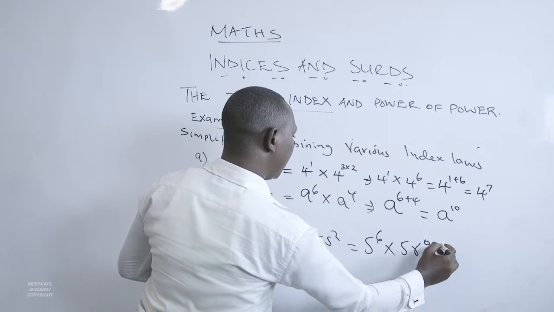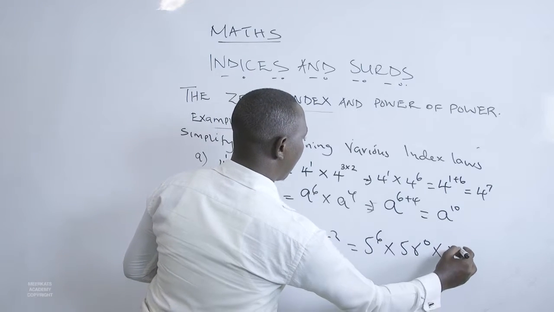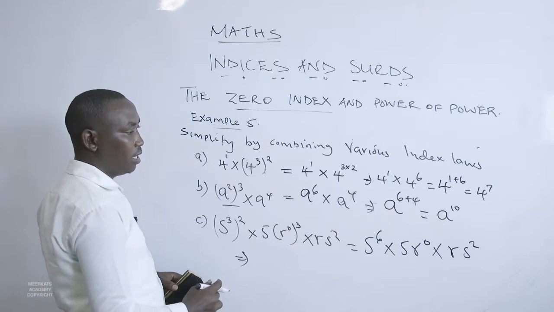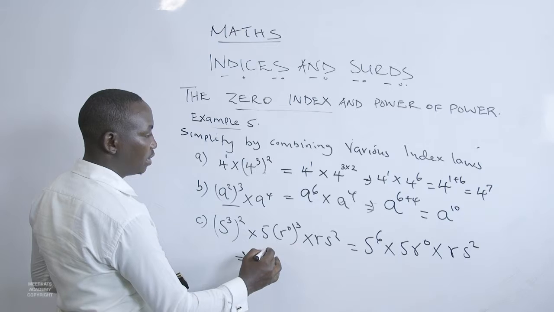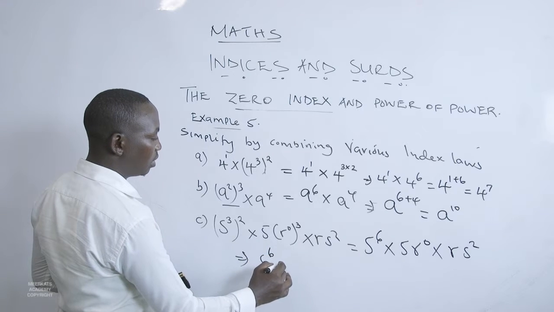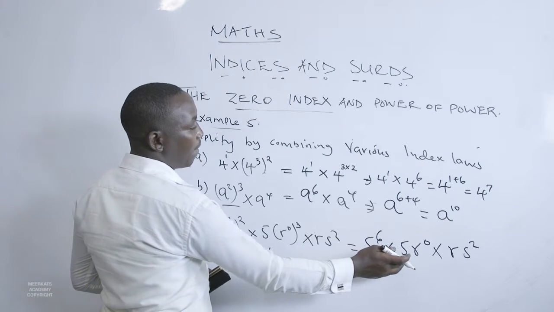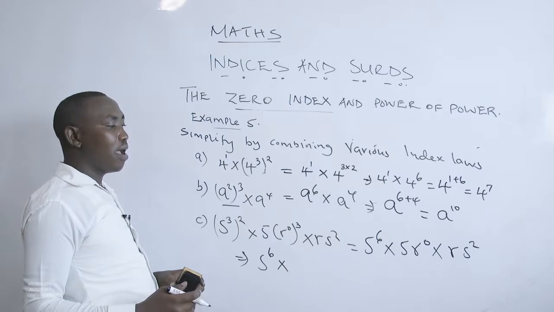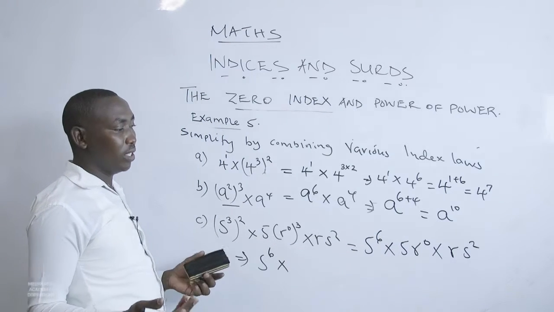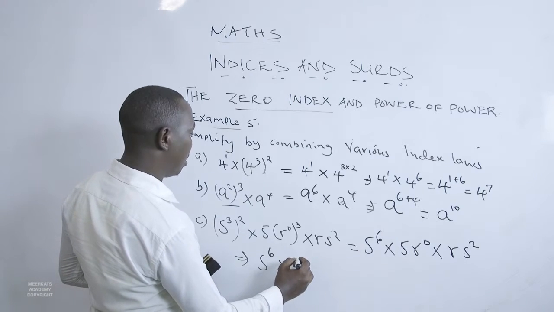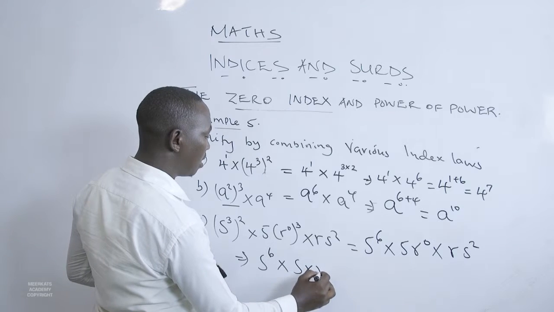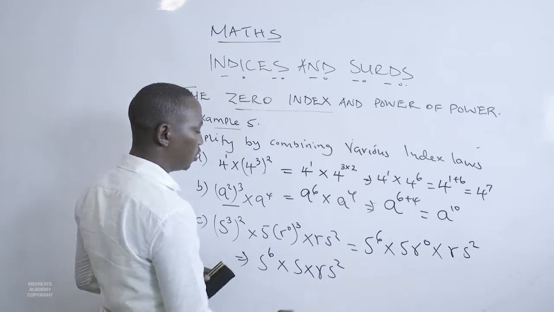Then multiplied by rs squared. Then this will give us s raised to 6 multiplied by s multiplied by r raised to 0. We had said that any number raised to power 0 is 1. So that will be s multiplied by rs squared.